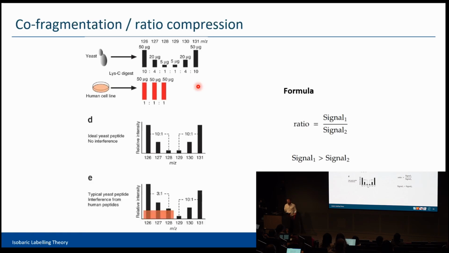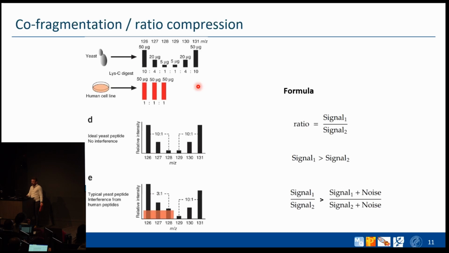But we have co-isolation. So what happens is that also the yeast peptides, which were co-fragmented, end up in our channels, and they end up here. So they push everything up, right? So we get, and this is 1 to 1 to 1, no difference, but everything is pushed up. And if you do a little bit of math, then you can see that this ratio will be smaller than the ratio in the ideal world.